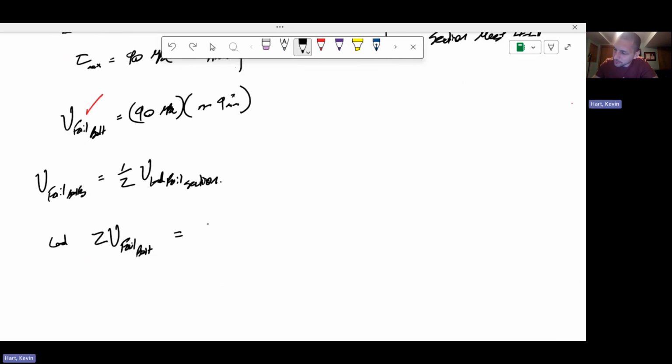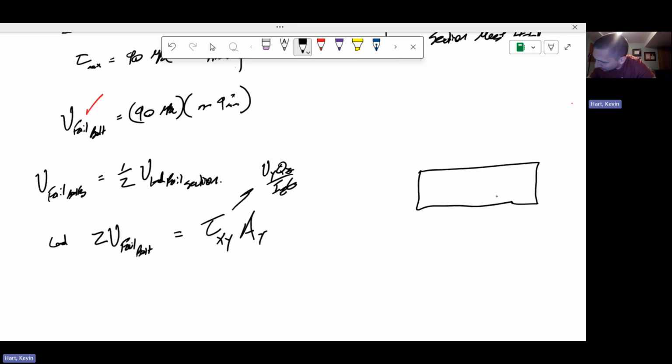So this has to be equal to tau xy, which you know to be Vy Qz over Iz t, times area AY, where the area AY is the area associated with each section that needs to be protected by the bolts.